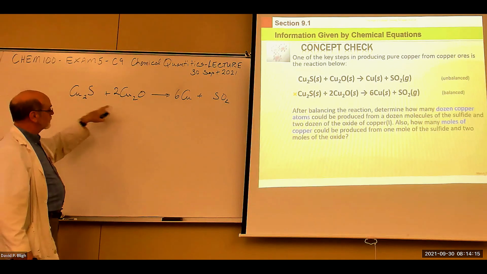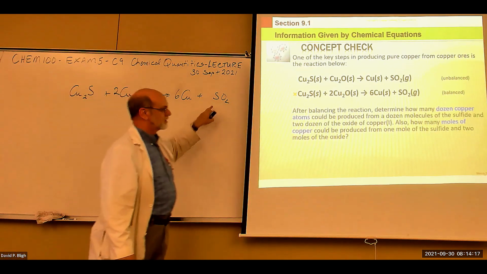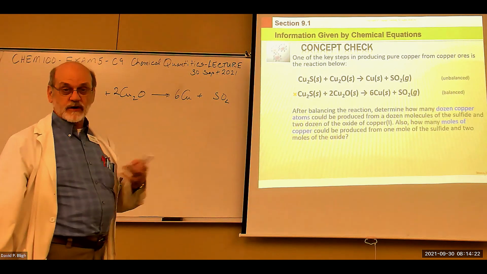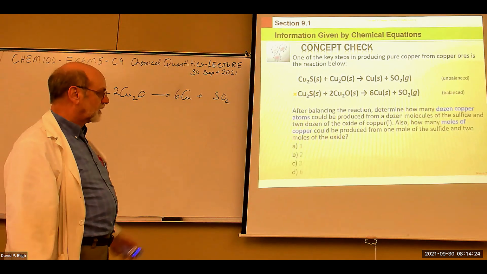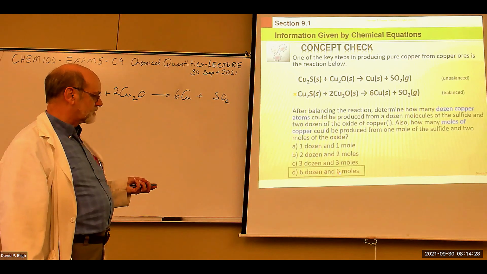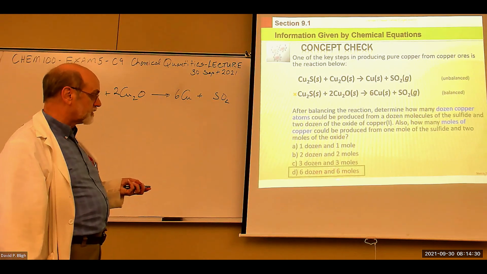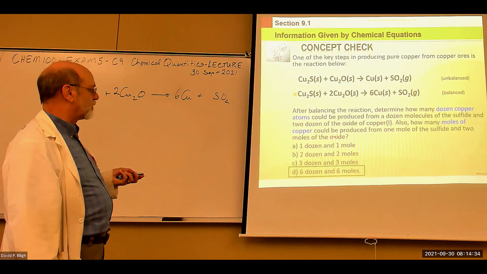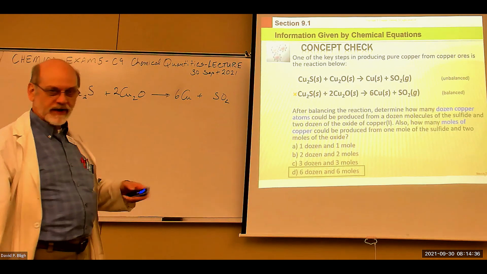So 1 plus 2 equals 6 plus 1. We can say that in terms of moles also. Right? And we know that we get 6 dozen or 6 moles in the second part, 6 moles of copper from that reaction.